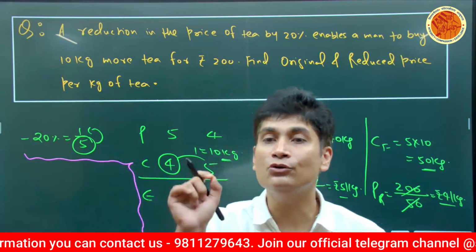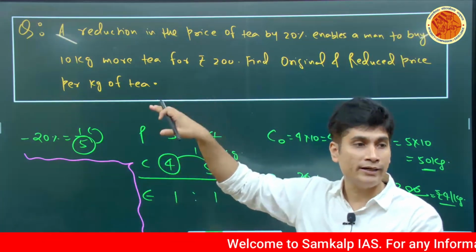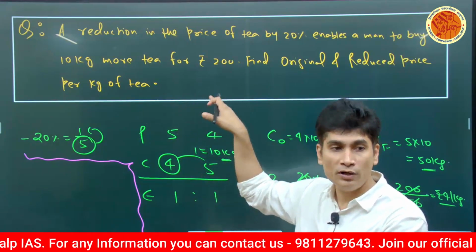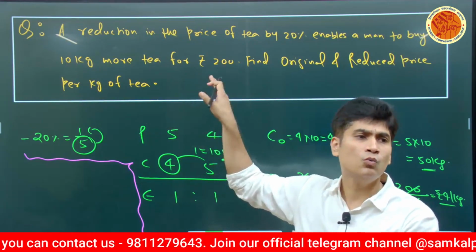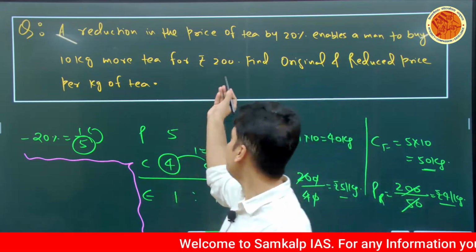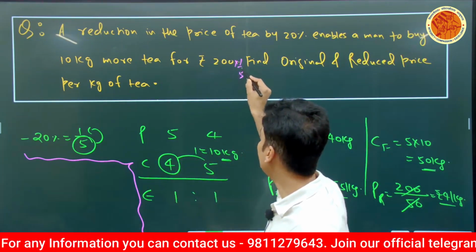Earlier the quantity you used to buy at 200 rupees, now the same quantity can be bought at a value lesser than 200 rupees, how much lesser? 1/5 lesser value. So if I am going to return 1/5 of 200 rupees, what is that?